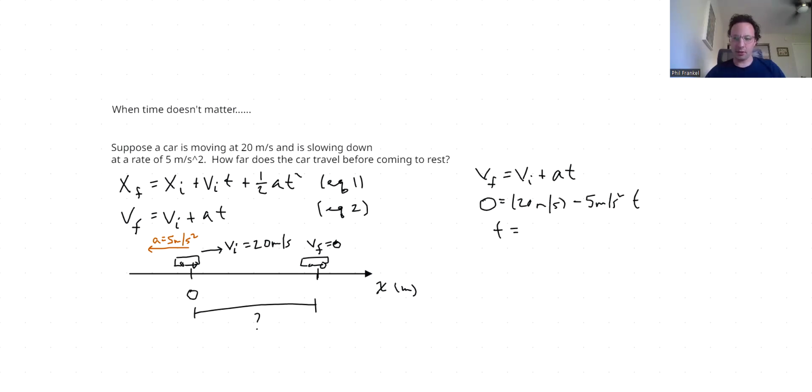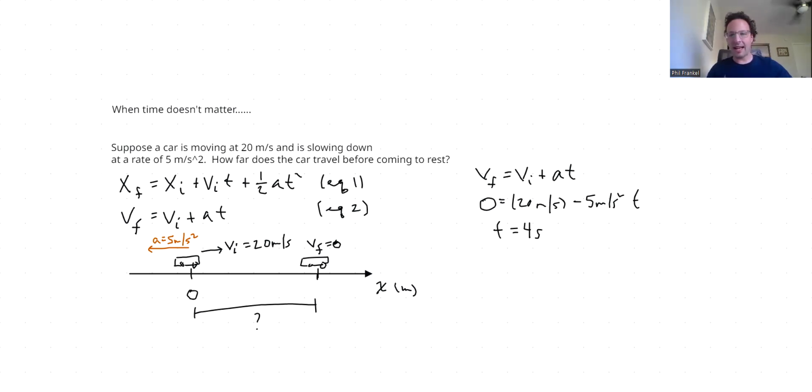Eventually, you'll get a feel for this, where if the numbers are nice, you won't even have to do the algebra. For example, this car is moving at 20 meters per second, but it's accelerating at 5 meters per second squared the other way. So it's slowing down at 5 meters per second every second, and it will take 4 seconds for the initial velocity of 20 meters per second to be reduced to 0.